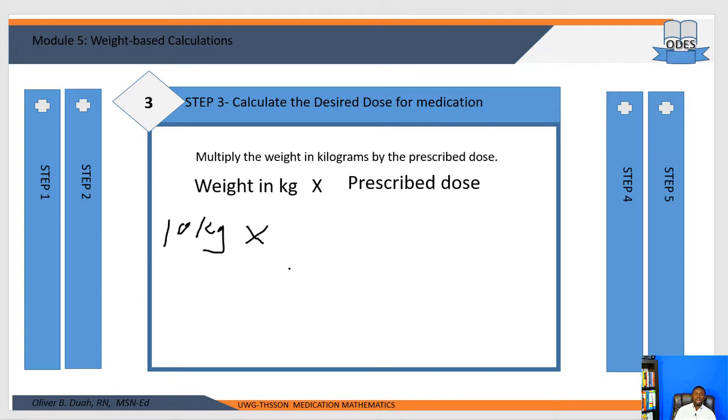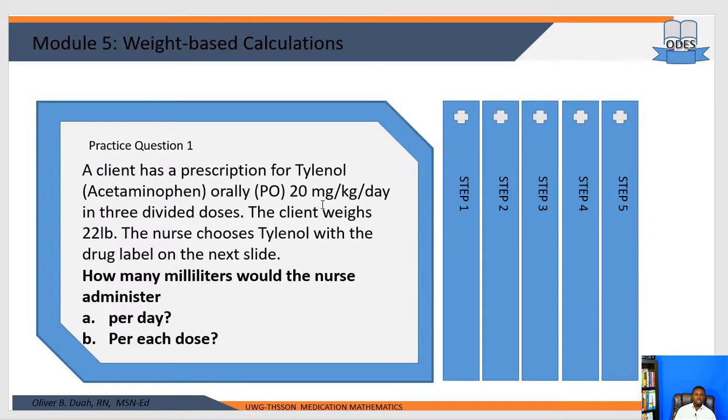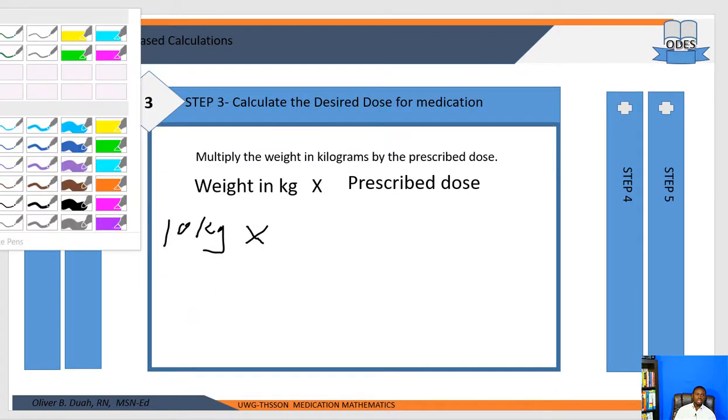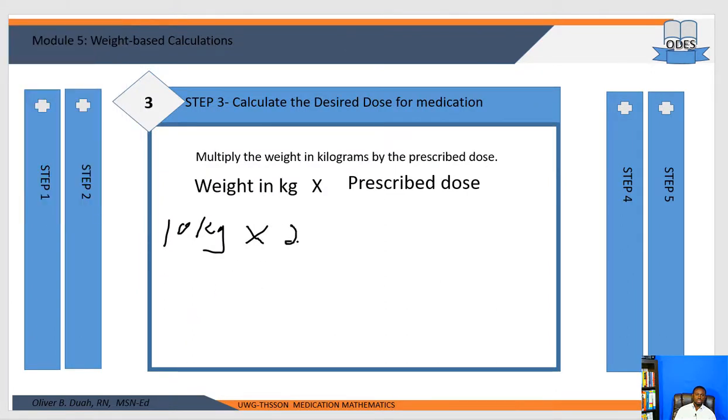And then our ordered dose was 20 milligrams per kilogram per day. And so we are going to multiply this by 20 milligrams per kilogram per day.